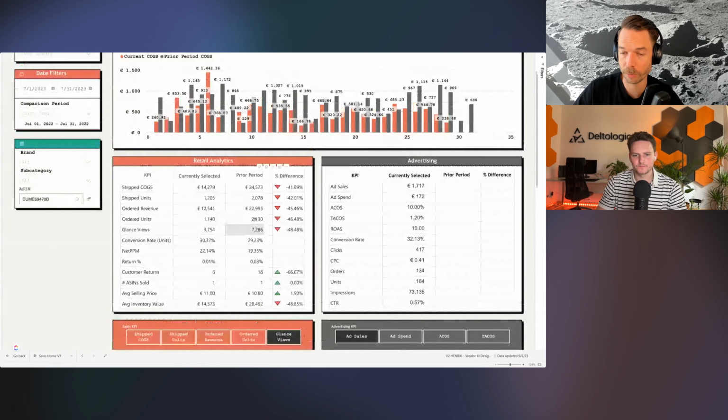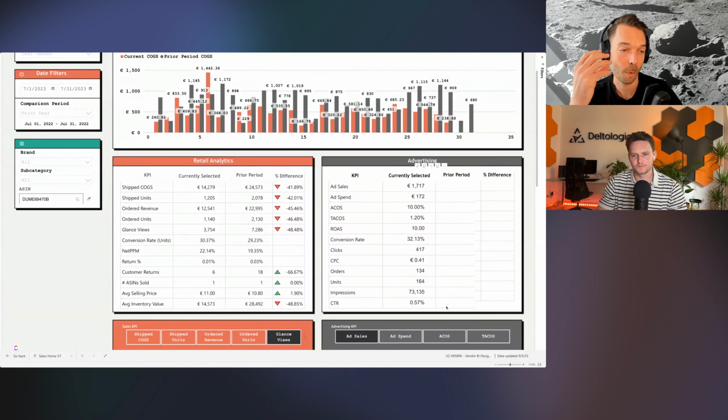Maybe one more important thing to add is the advertising data. If we would have the advertising data in our database, this would have helped me to identify this much easier. But as most of you know, Amazon only provides advertising data for the last 65 days, and therefore it's not available to us.